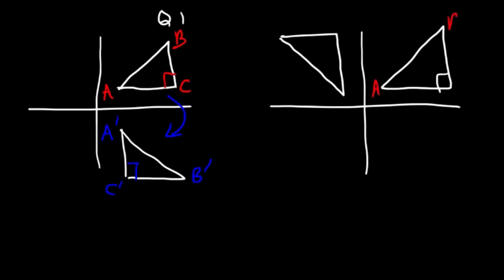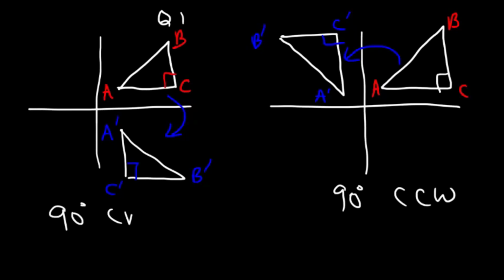So using the same letters, this is now point A. That's a B. And this is C. So that's a 90-degree rotation counterclockwise. And the first example was in the direction of a clock.